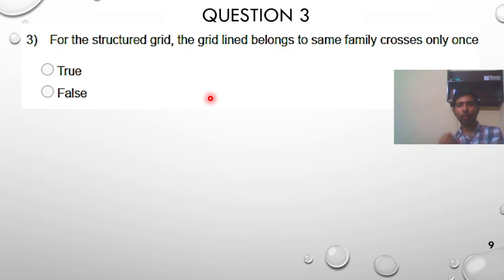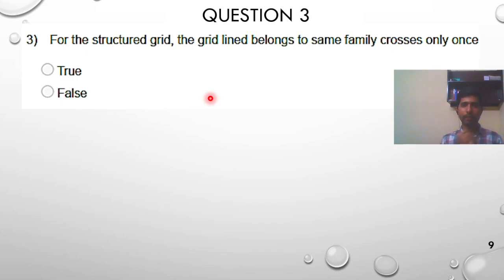Read it carefully. Can all of you participate in this? Because I see only two answers. One of you is telling true, one of you is telling false. So you have to read the statement carefully.